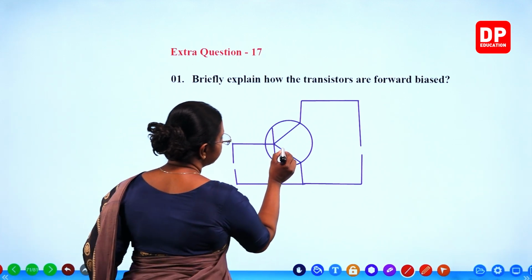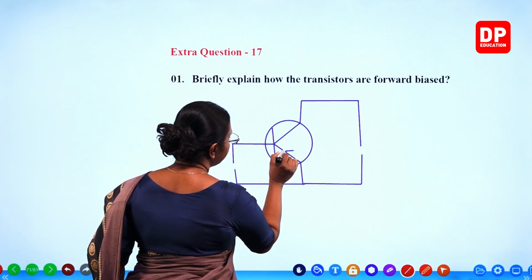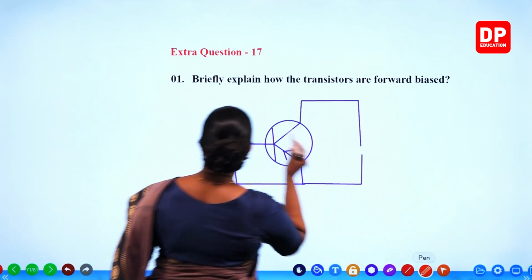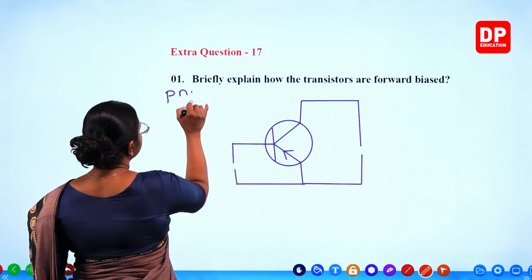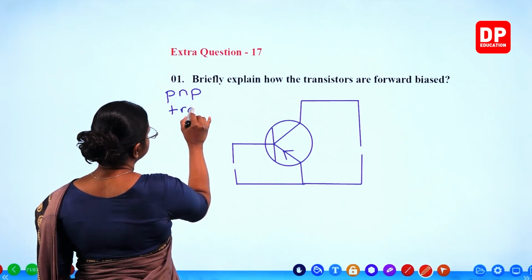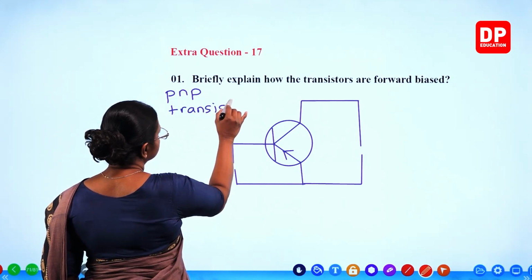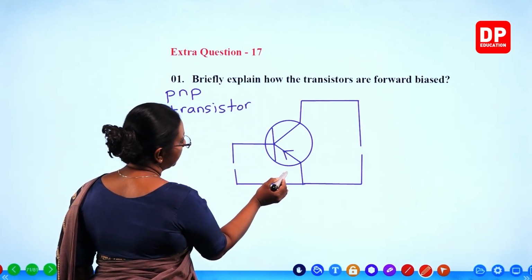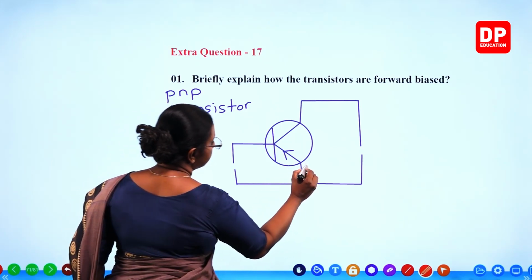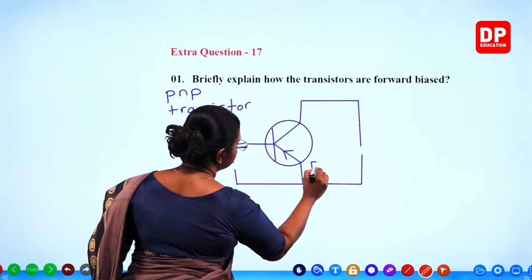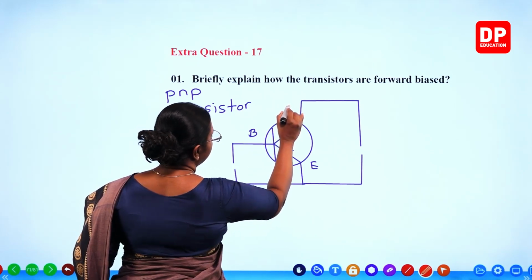Now here you can see the PNP transistor: this is the emitter, base and collector.